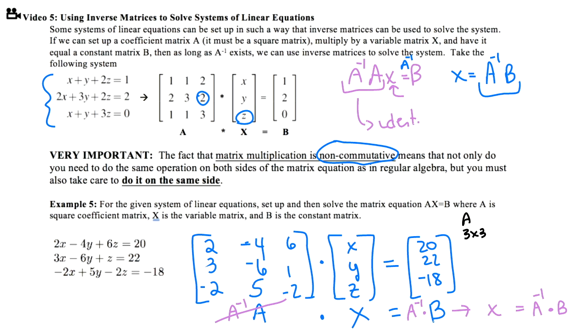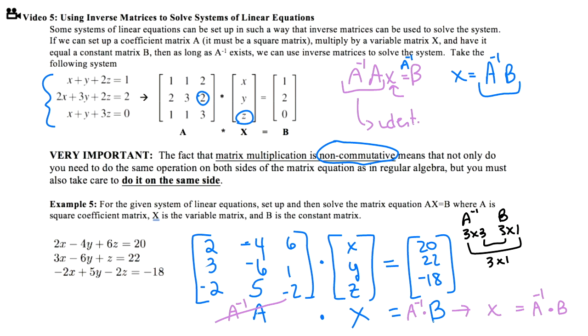So that means that A inverse is also going to have dimensions 3 by 3. Matrix B has dimensions 3 by 1. So when I do A inverse times B, these two inside numbers are the same. So that means that my product matrix is going to be a 3 by 1, right? 3 rows by 1 column, and that makes sense.